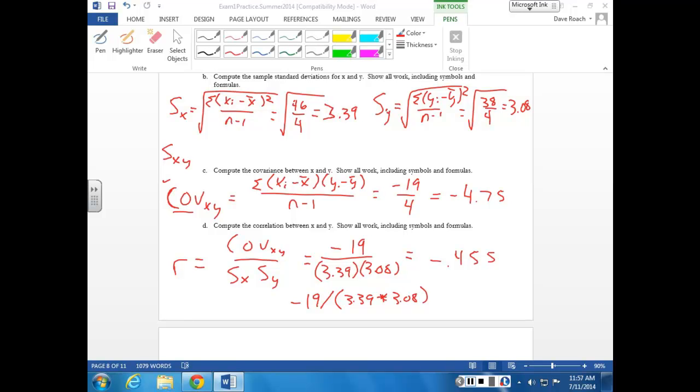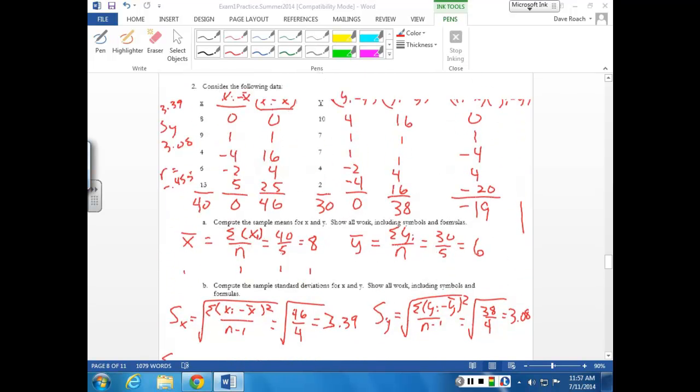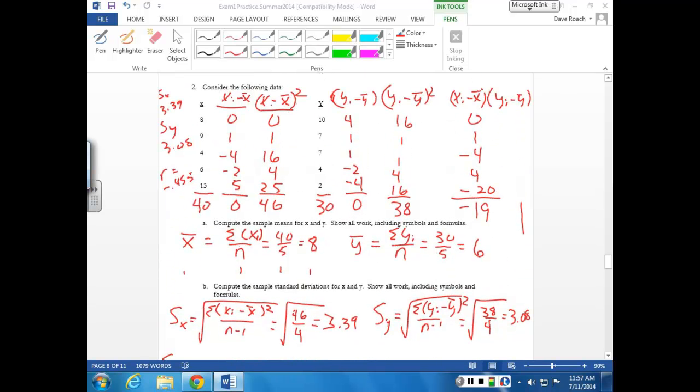What is the covariance that you imagine should not do what we calculated with these questions? Right here. It's the -19 on the top. The standard deviations were 3.39 and 3.08.